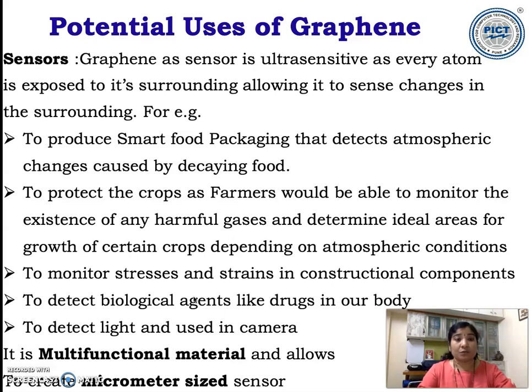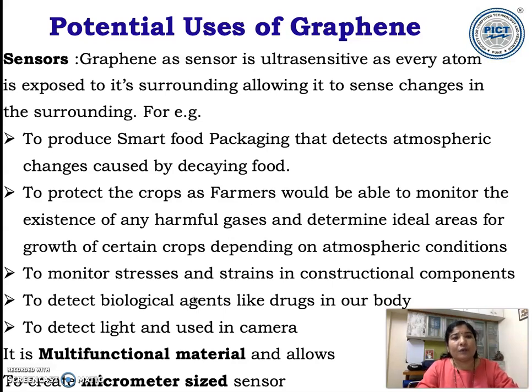That is the reason: because of its potential use in different areas, the applications of graphene in different industries are very promising. Hence graphene is a most promising nanomaterial.